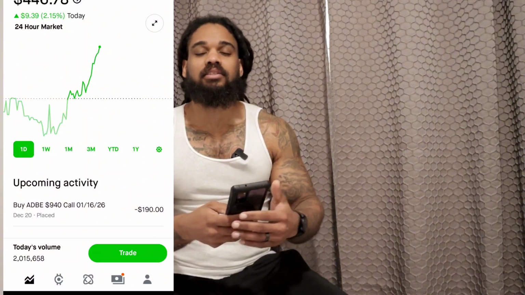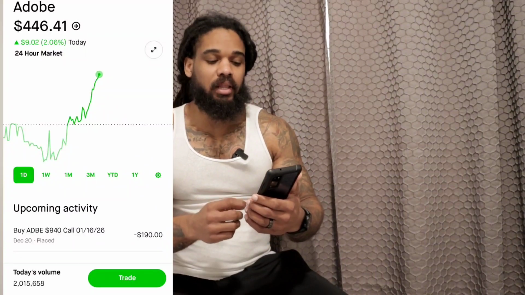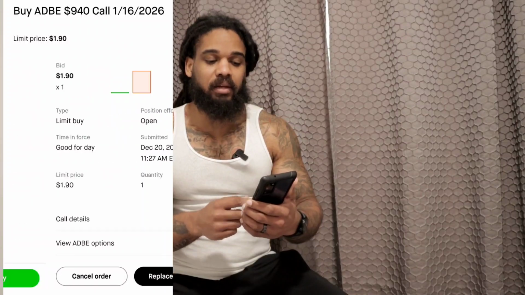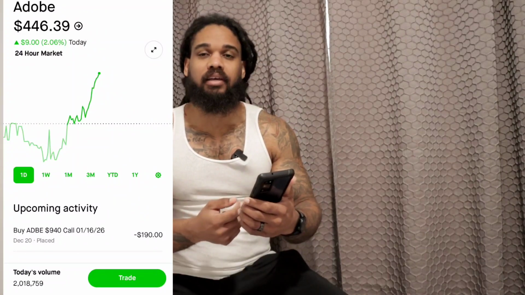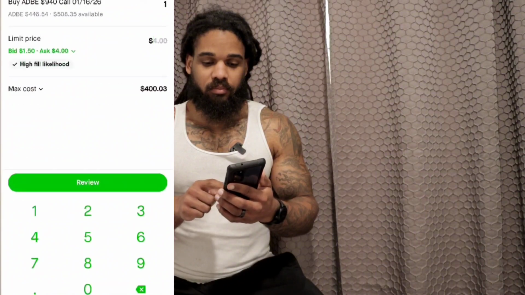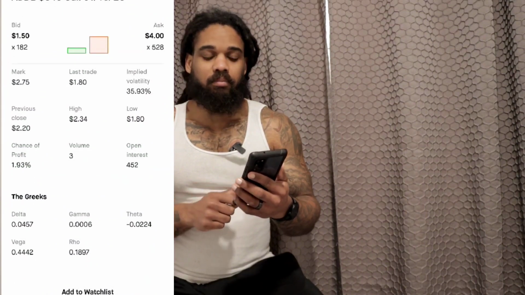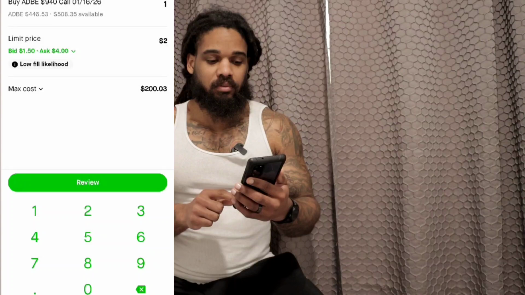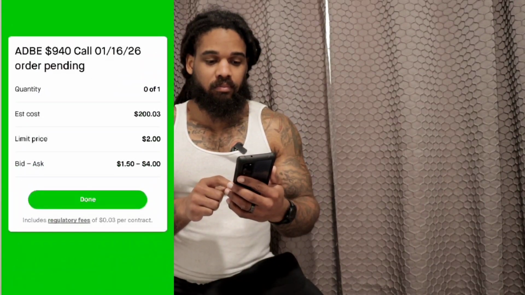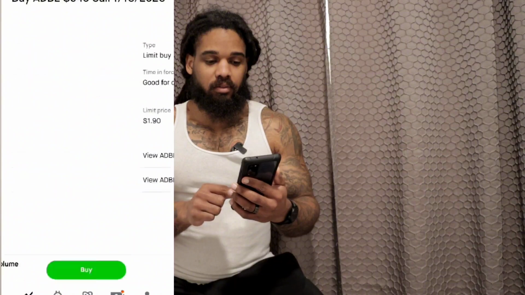I'm just trying to see if I could get a number below the mid price, instead of paying the mid price or the full ask price. So let's see if 200 works. Let's see what happens. All right.